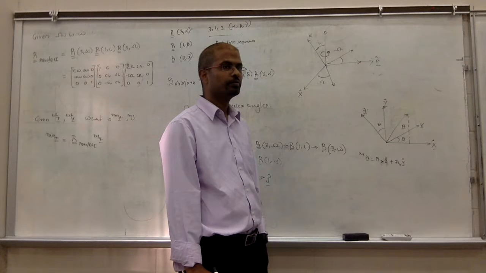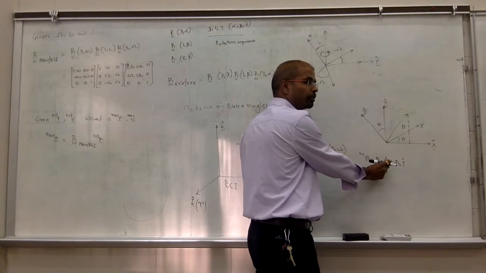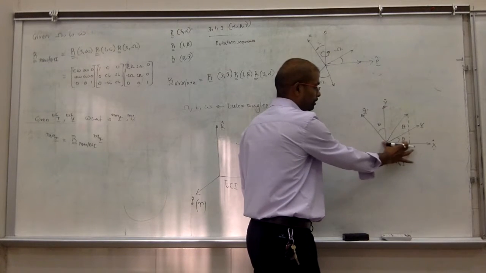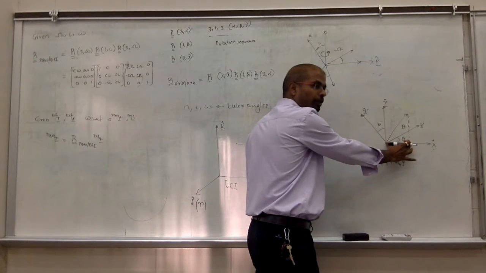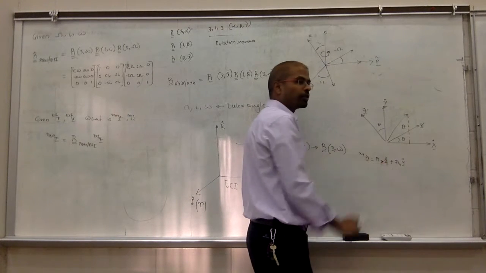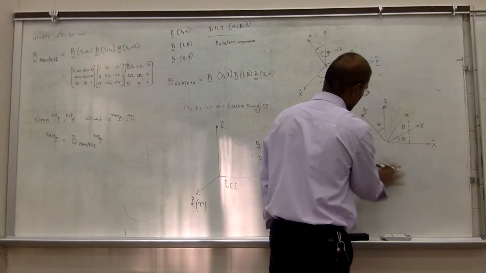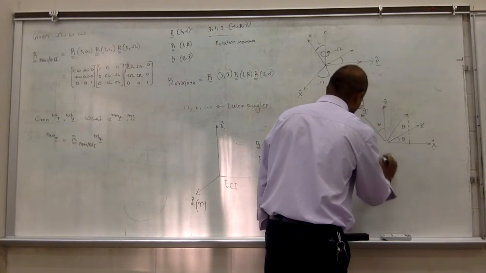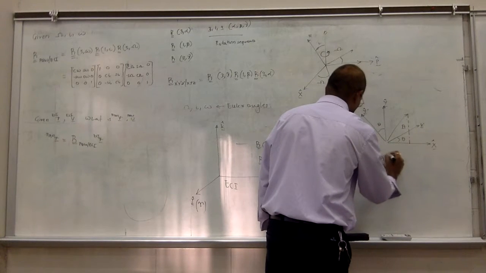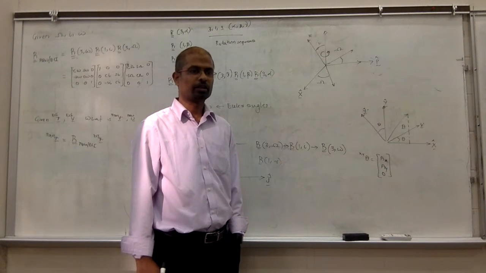You with me? What is this x component? Cosine. Okay, so this will be a cosine theta. I'm just using ax for a cosine theta. Can I write it like this? Yeah, I can write it like that, right?